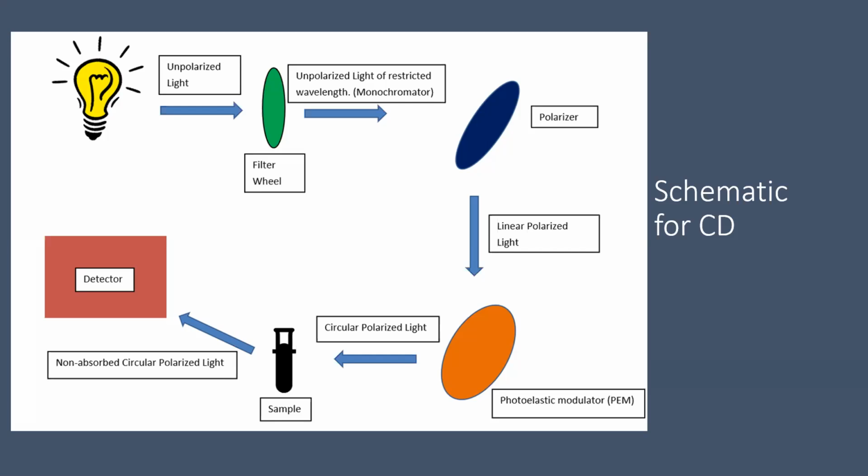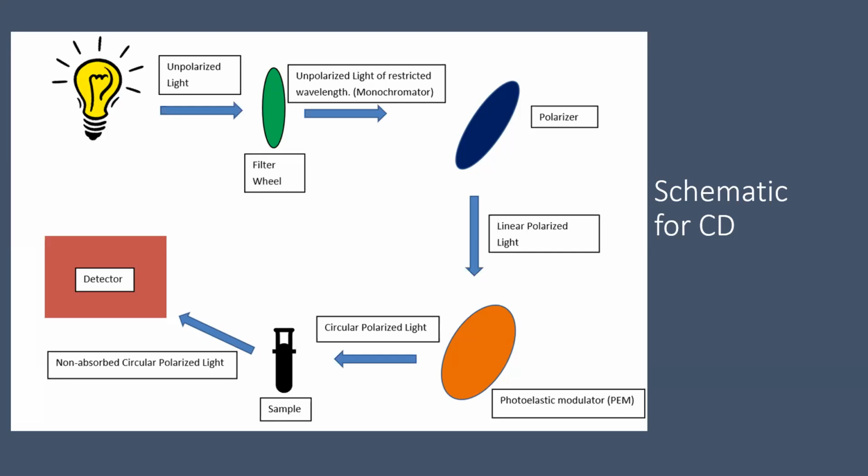That's where you have a photoelastic modulator, or PEM, which the light travels through and which induces the linear polarized light to change into circular polarized light. Then that circular polarized light goes through the sample, and the counterclockwise and clockwise rotations, left and right, will be absorbed at different amounts by the sample of chiral molecules.